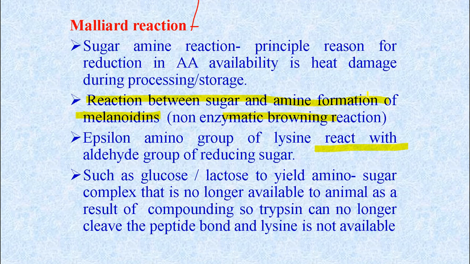Glucose and lactose yield an amino sugar complex that is no longer available to the animal as a result of compounding. So trypsin can no longer cleave the peptide bond, and lysine is also not available.